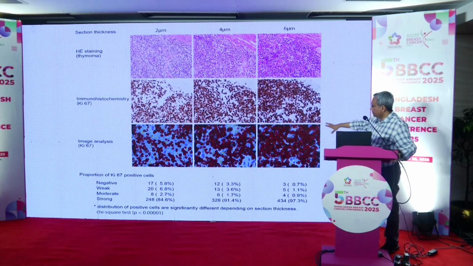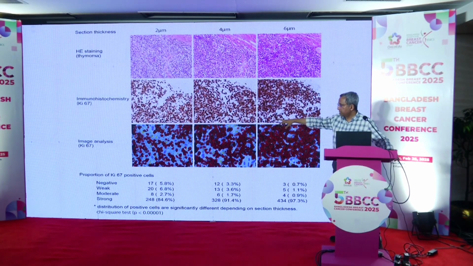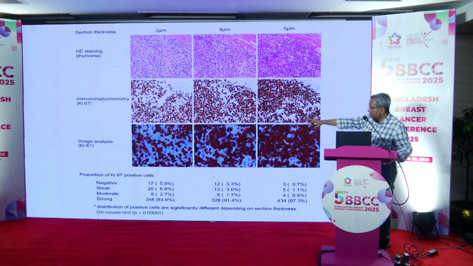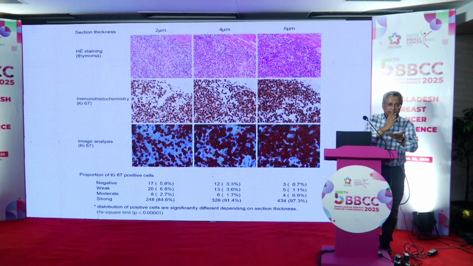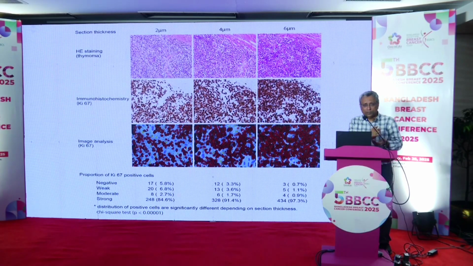It's the same problem. You see a lot of red cells there, some red cells. Here there's a lot of red cells. So the tissue thickness is actually quite important. When the technician is cutting the sections, you need to tell them that you have to be careful about cutting.